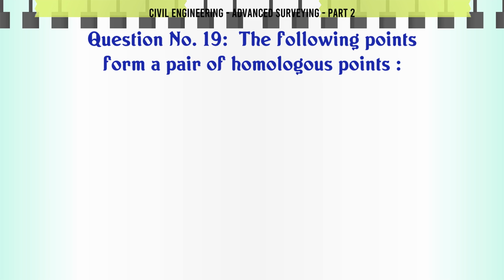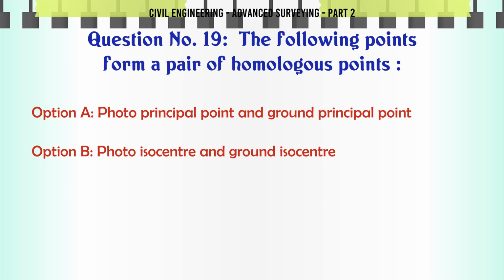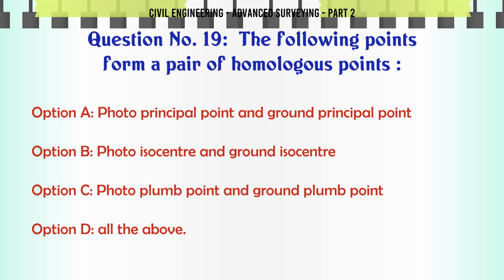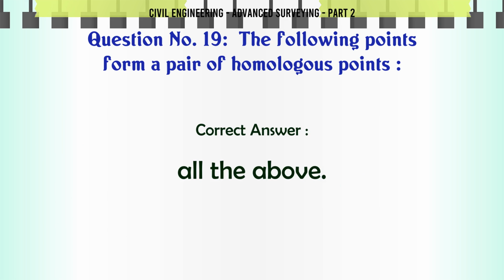The following points form a pair of homologous points: A. photo principal point and ground principal point, B. photo isocenter and ground isocenter, C. photo plumb point and ground plumb point, D. all the above. The correct answer is all the above.